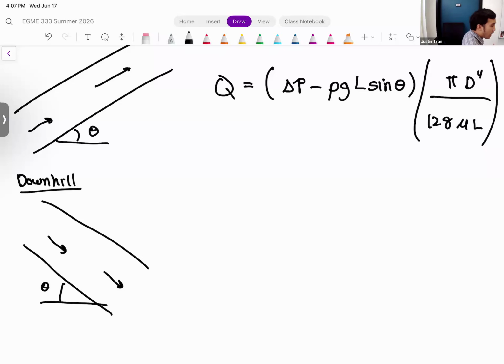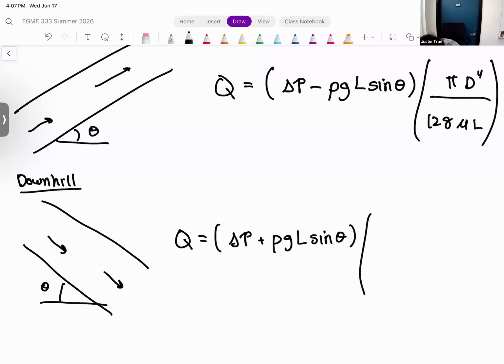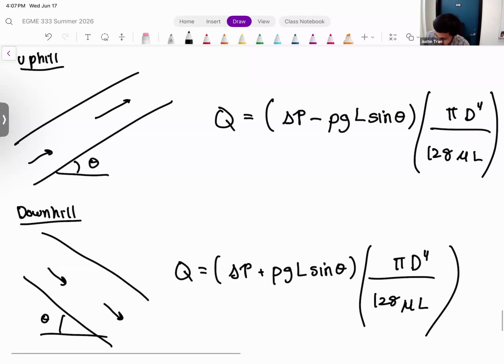It's just that instead of subtracting the gravity term, we're going to add to it. So those are the two modifications that you have to make for uphill and downhill flow.